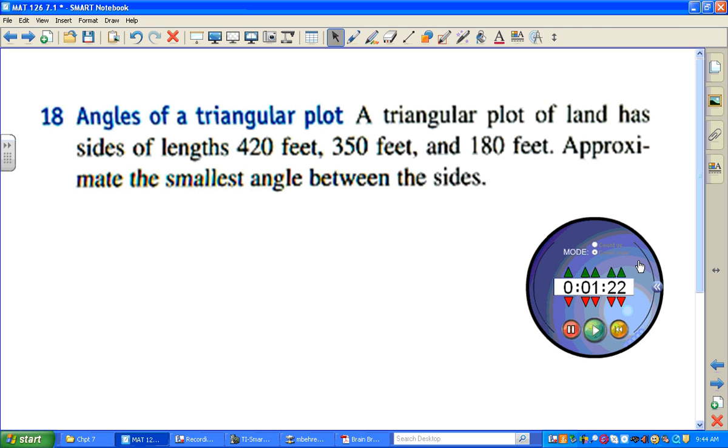It's in your book. Make a picture. Label the sides.